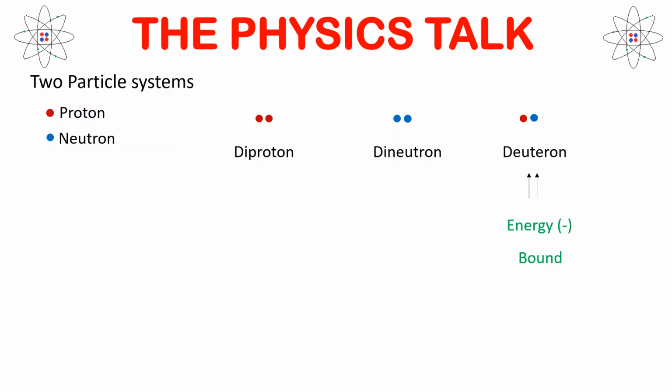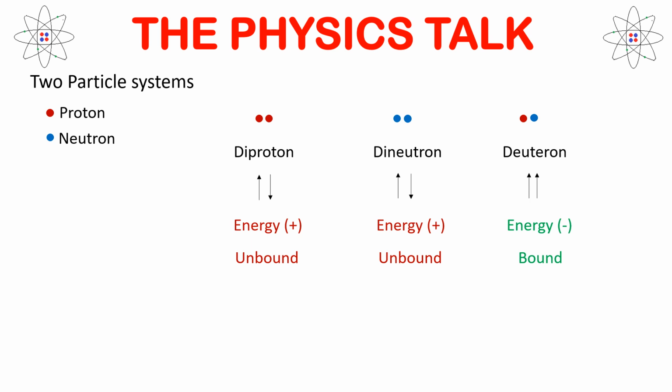However, in case of diproton and dineutron, since they contain the same type of particles, Pauli exclusion principle comes into play and prevents the particles having parallel spins, forcing them to have antiparallel spins only. As a consequence, both diproton and dineutron have total energy positive. That in turn makes both diproton and dineutron unbound systems.